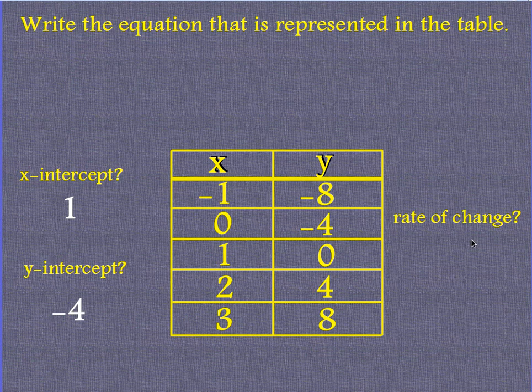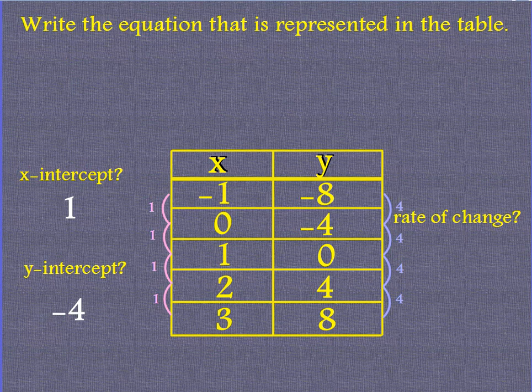To find the slope or rate of change, again we need to look at our two different rates of change, once for the x column, and again for our y values. Seeing that these rates of change are consistent along the entire table definitely tells us that this is going to be a linear function.